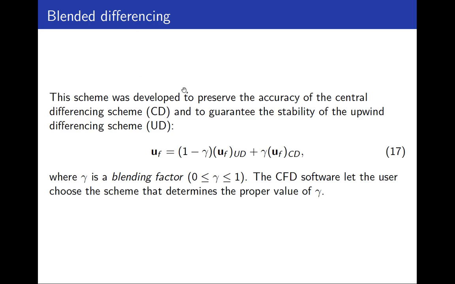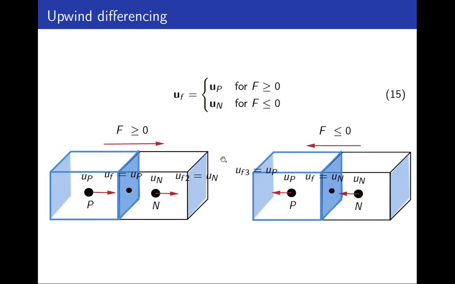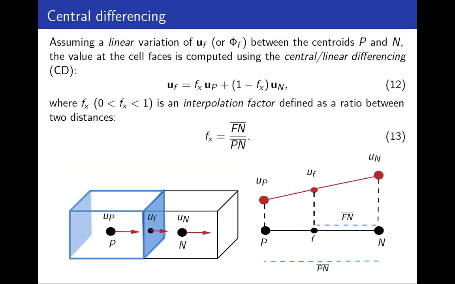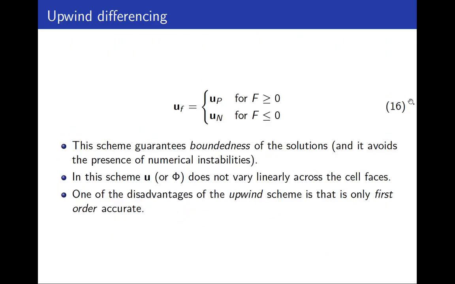So for the blended differencing, which is equation 15, we evaluate the velocity at the cell faces using this equation, where UF-UD is the one for the Upwind difference scheme. So this term is the one from equation 16 or equation 15, and UF at CD is the interpolation scheme, the central difference scheme that is shown in equation 12.